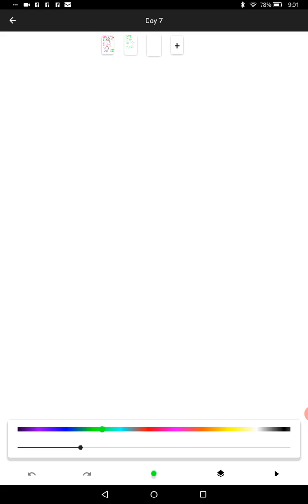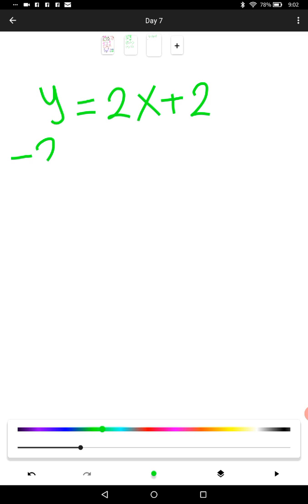Let's try to solve another example. In this example, we have y equals 2x plus 2, and we have negative 2x plus 2y equals negative 14.